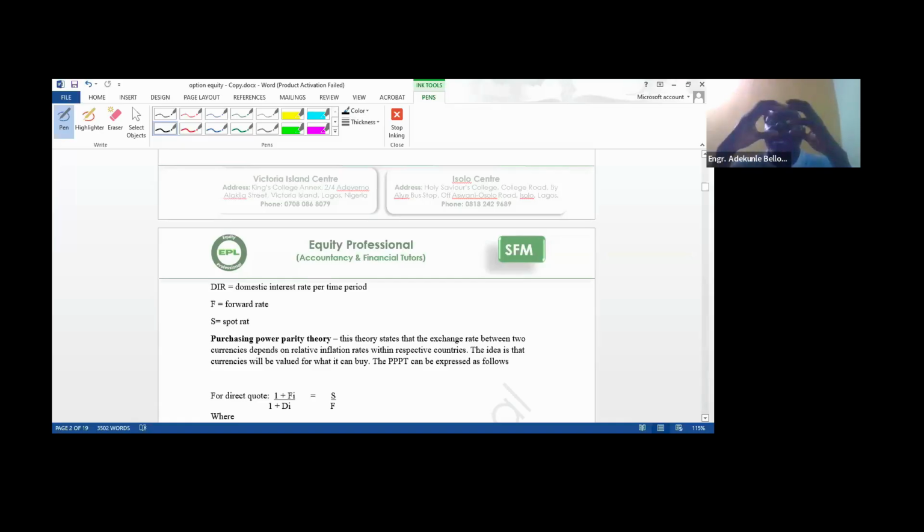One of the reasons why Naira value is falling is because Nigeria interest rate is very high. All right, look at the formula again, or the equation rather.